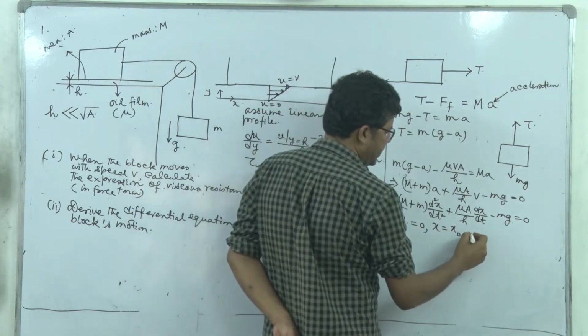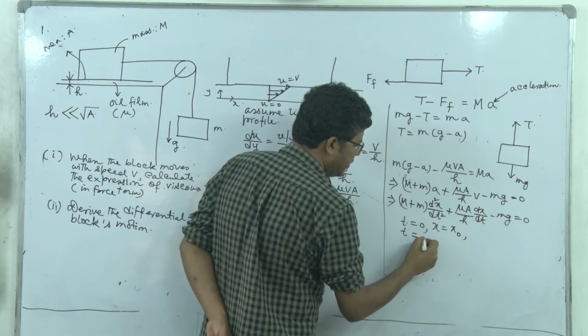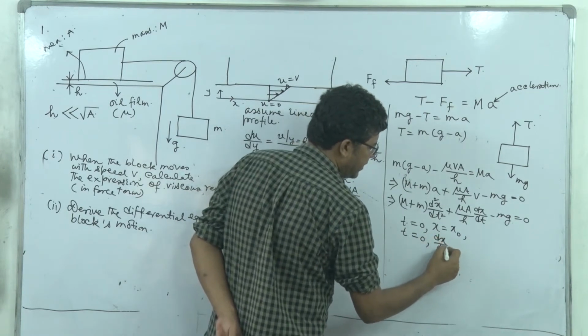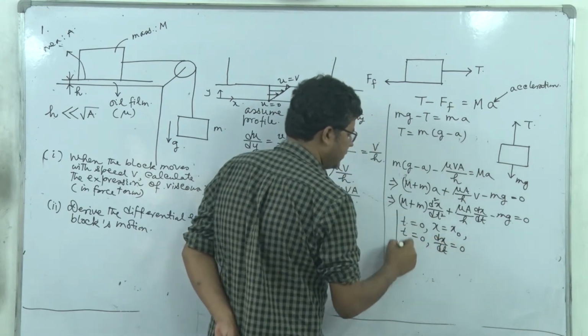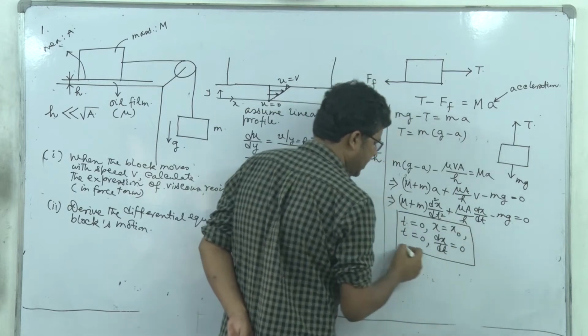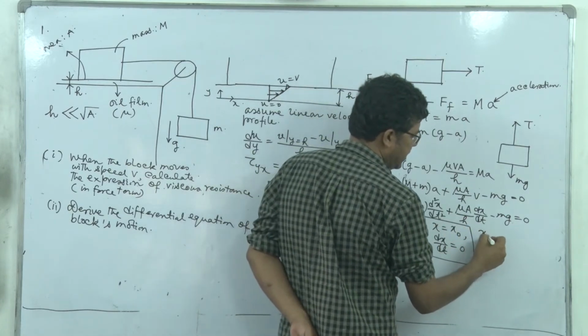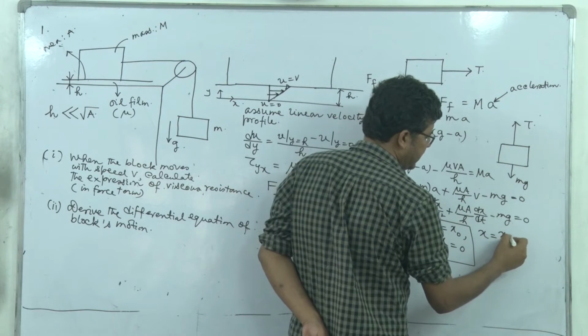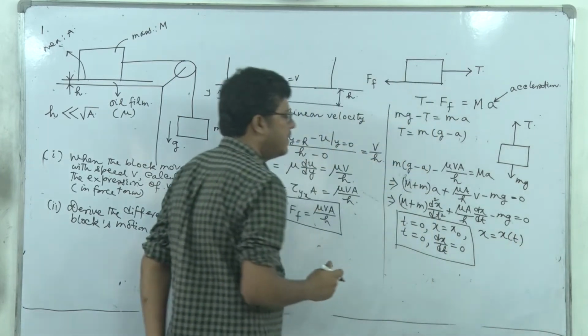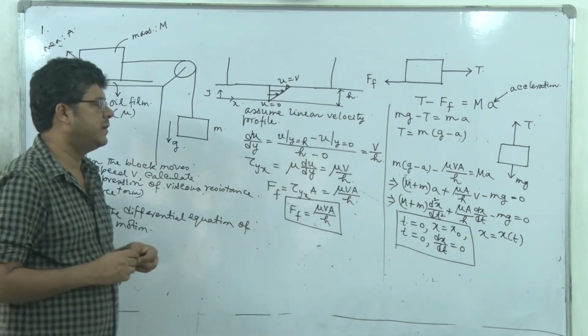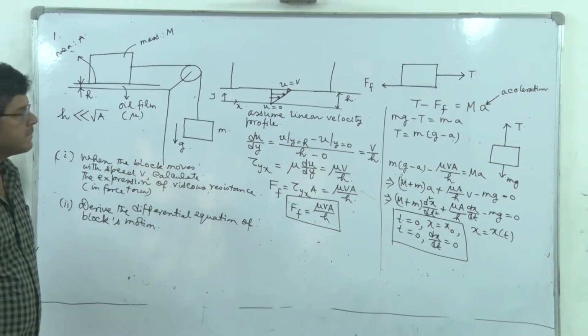This is one condition, and at t equal to 0, dx/dt is equal to 0. With these two we can solve and get how x is changing as a function of time. So this is the differential equation of the block's motion.